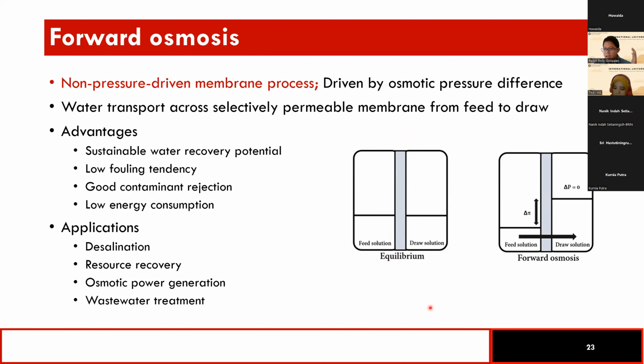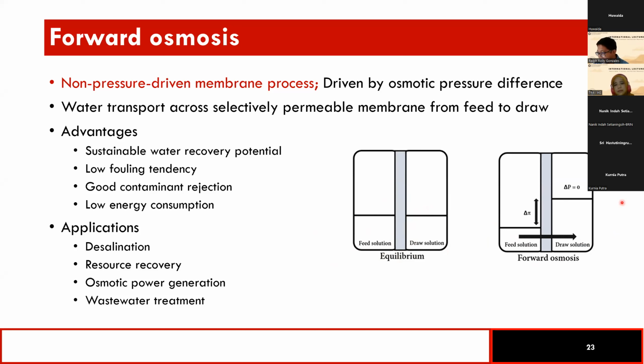Osmosis is the ability of water or the solvent to proceed from the side of lower concentration to higher concentration. So in this case, since water is mainly on this side and this has a lower concentration, the water needs to pass through the membrane towards the draw solution side like this.